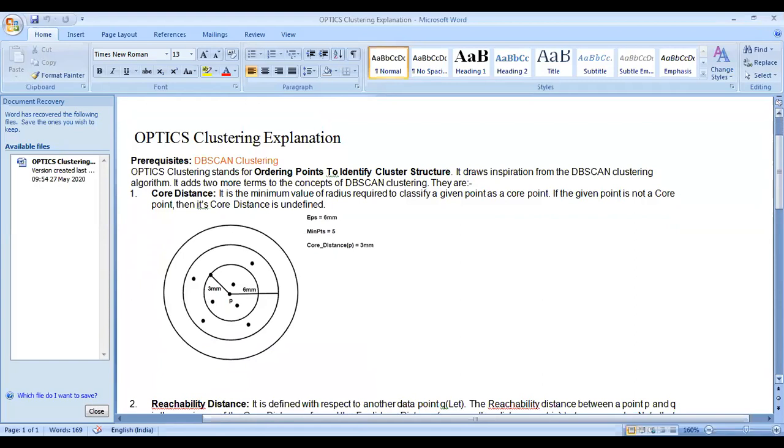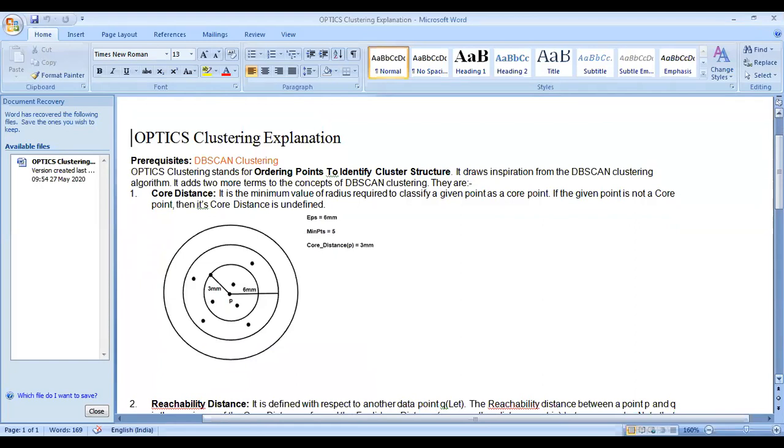The epsilon distance assumed was 6 millimeter, and a radius of 6 millimeter has been drawn. We find that there are a total of 9 points inside the circle with radius 6 millimeter, which is greater than the min point criteria.